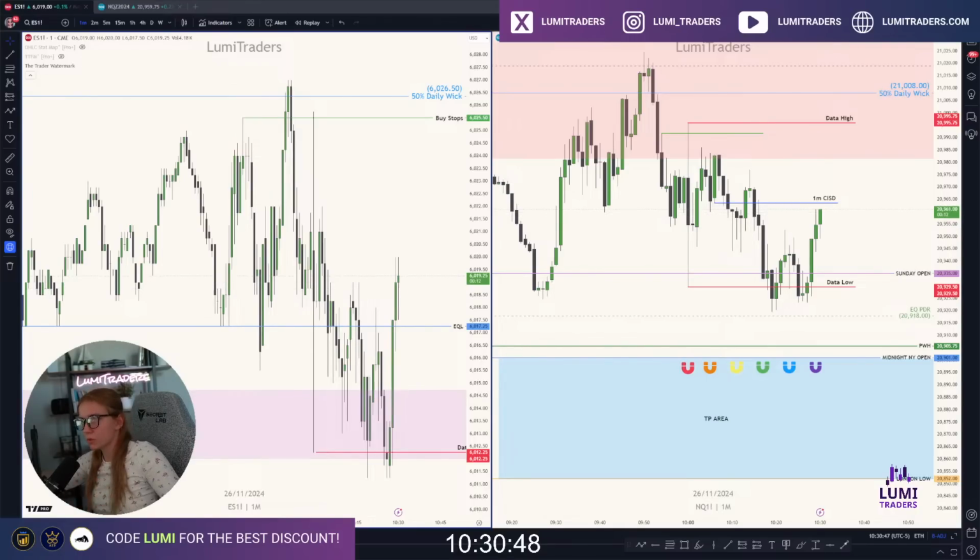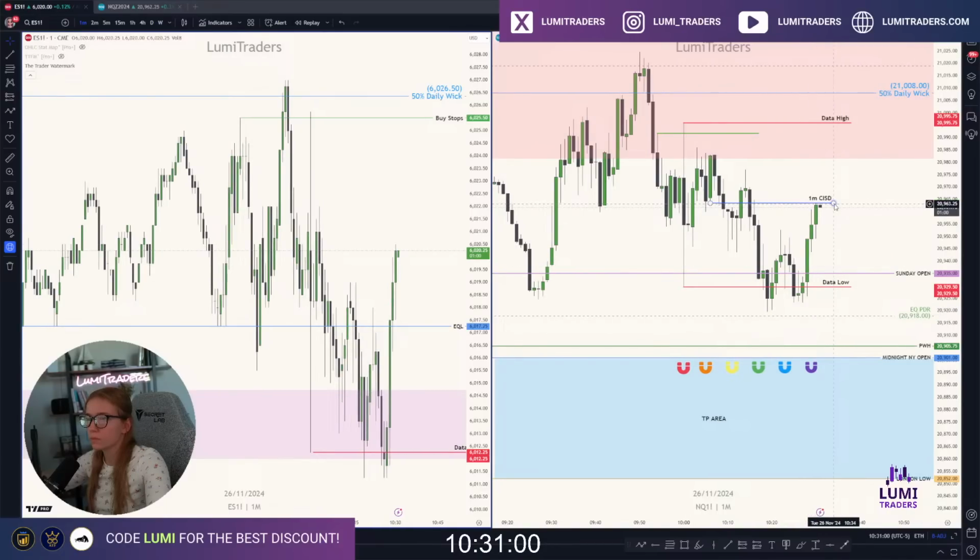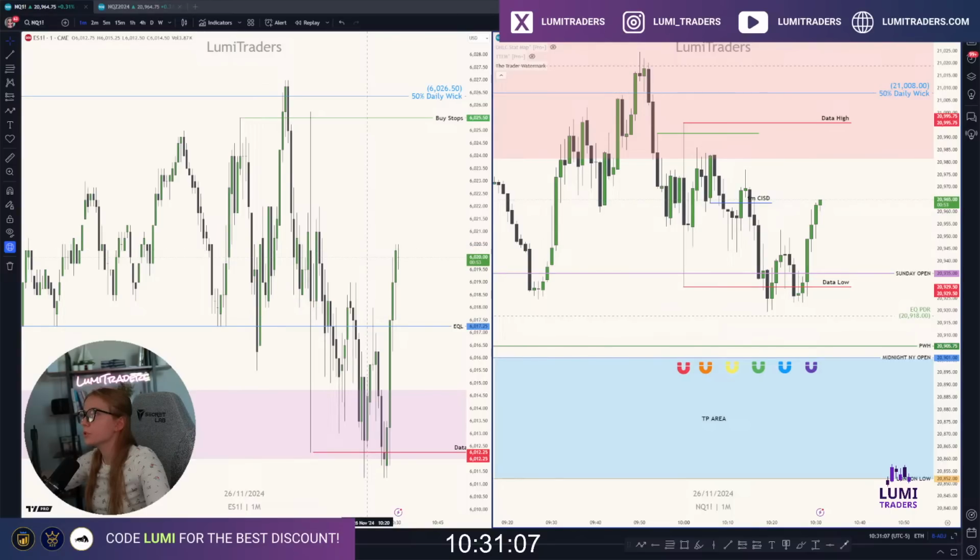Not going to be in a rush, just going to wait. Watching the 5-minute chart right now for a potential 5-minute order block because it's not an order block yet.